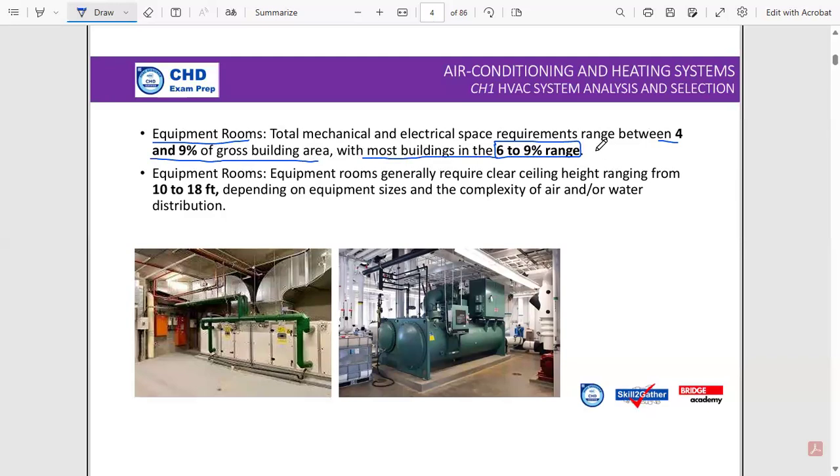Equipment room height is mentioned here. It is going to be at least 10 feet and up to 18 feet, but it actually depends on the size of the equipment. Let's say if you have a taller chiller, then you're going to have a taller structure. So that is mentioned here. You have to remember this one.